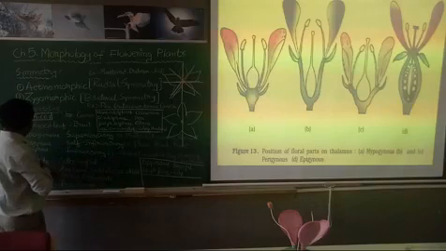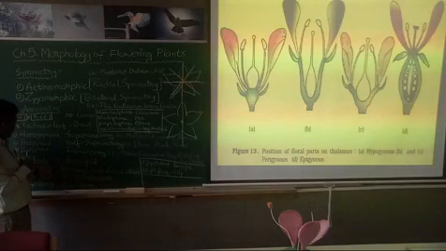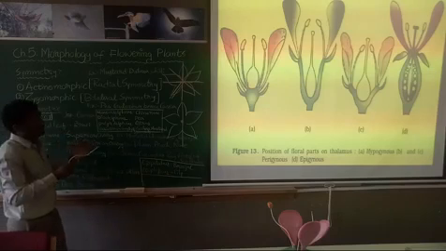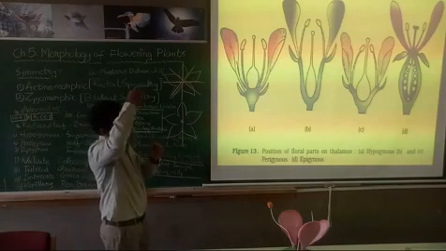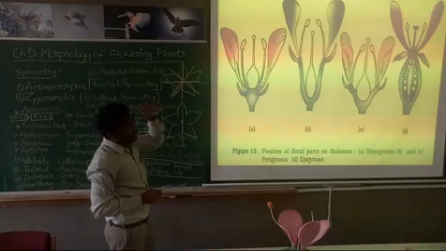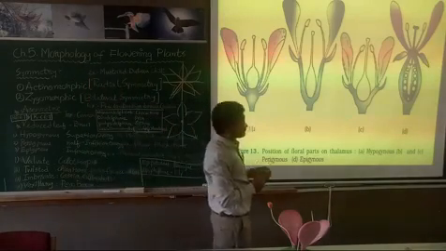The word meaning of epi means up. Gynoecium means the gynoecium is completely situated in the enclosure part of the thalamus, and the rest of the floral parts are present at the rim of the gynoecium.